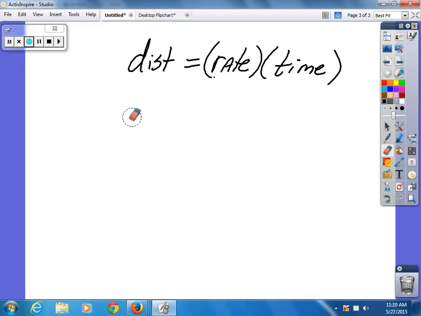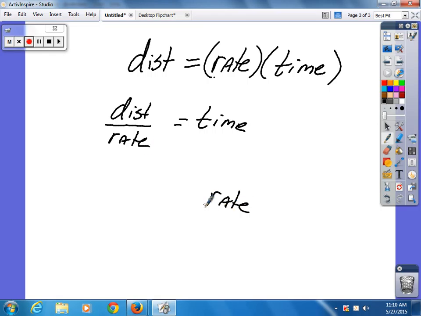Time is equal to distance divided by rate. I could say rate is equal to distance divided by time. So you've got three formulas there. You can find the distance, you can find the time, and you can find the rate. Very important formula.